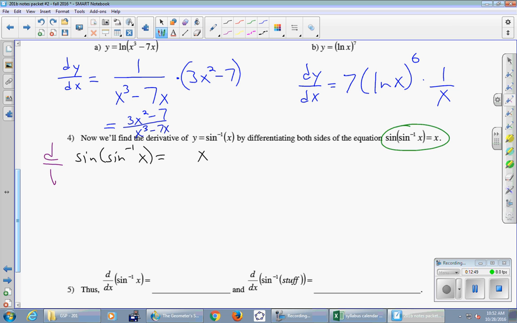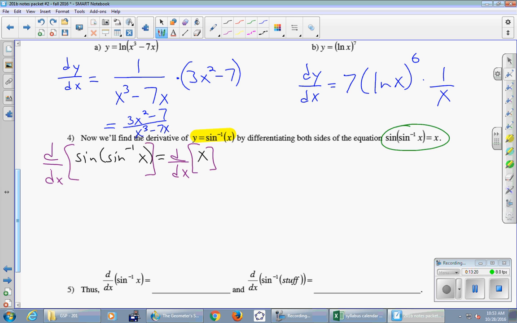So derivative on this side and derivative on this side. Okay, remember again, the goal of this is to find a formula for the derivative of inverse sine of x. That's going to be the final output, a formula for that derivative.